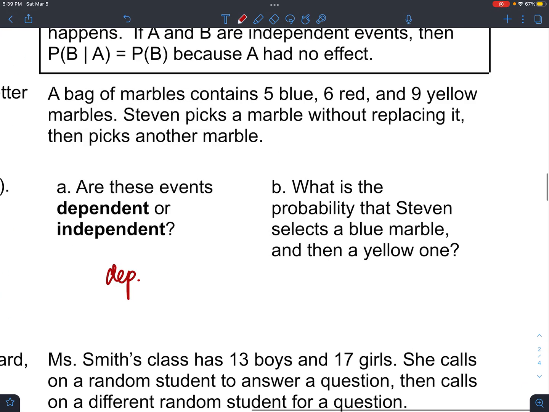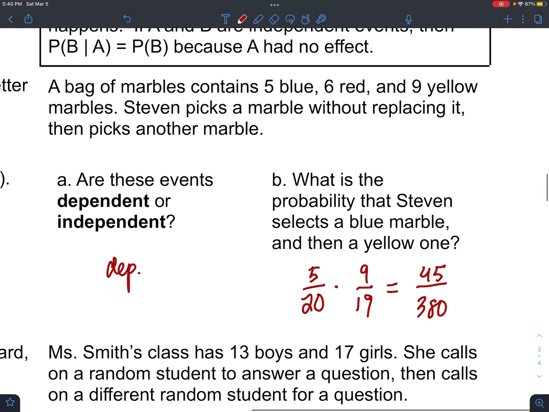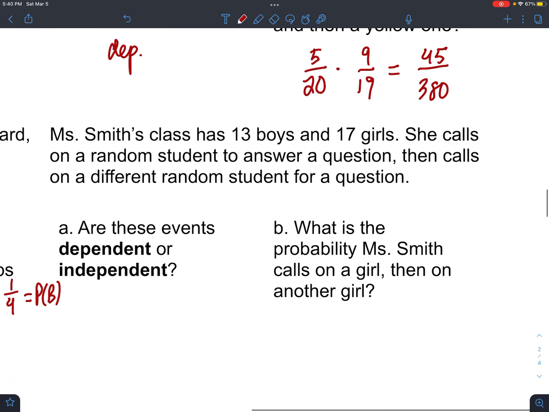So it looks like there are 5 out of 20 marbles that are blue, and there's 9 out of 20 that are yellow. But remember, he took one out. So we don't have 20. We have 19. Okay? So dependent events shift the denominator. I'm not really in the mood to simplify this, so we'll leave it like that. Okay? So these are, again, dependent events.